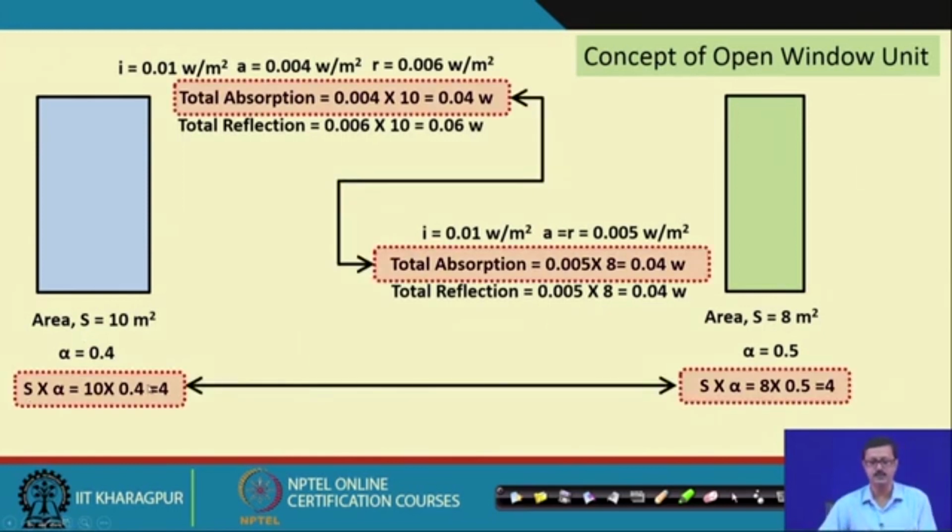The total absorption for both cases is almost equal, and these two have the equivalency of S into alpha. So, from this slide you can conclude that I can multiply the area and the alpha value of a surface, and this gives the proportional amount of energy that can be absorbed.